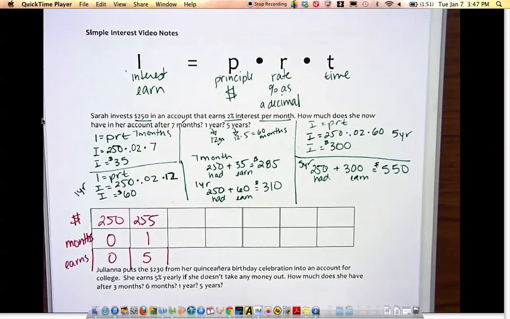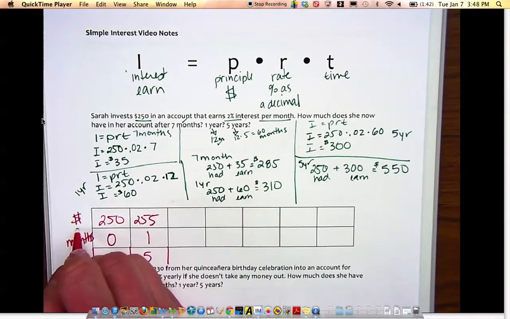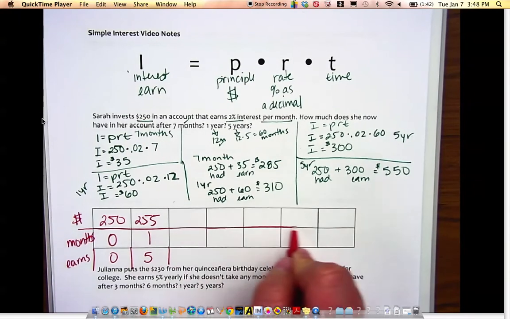Okay, so now I think I'm going to multiply in months. At 1 month, she has $255 in her account. Now I'm going to figure out 7 months. I need to keep these separate. Up here is like a total.